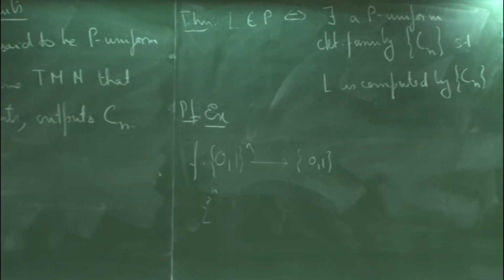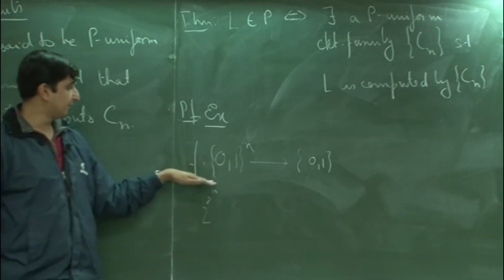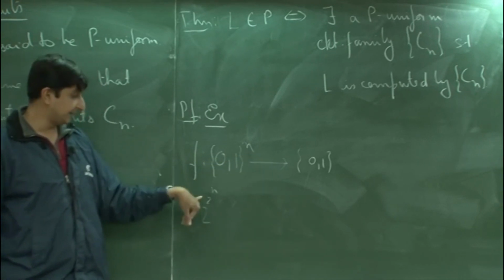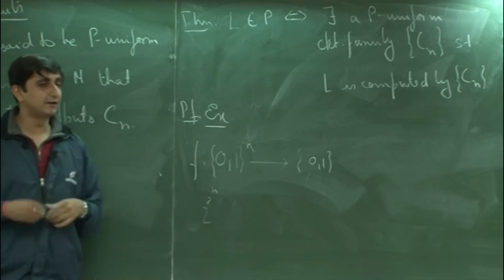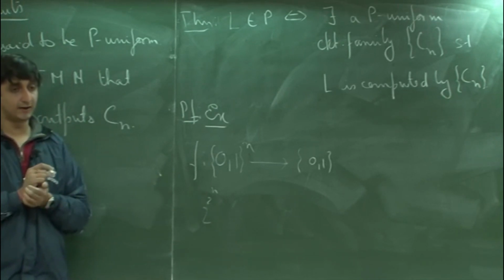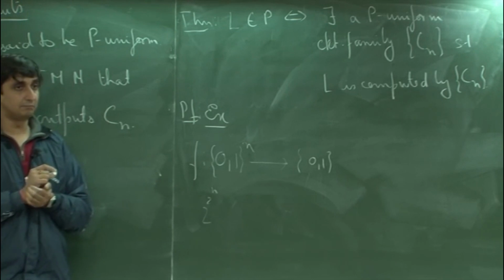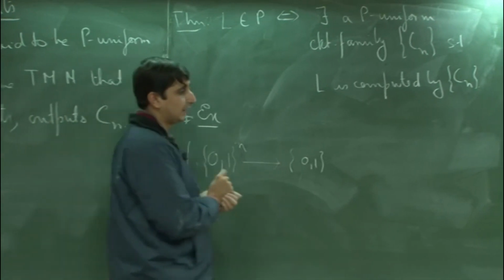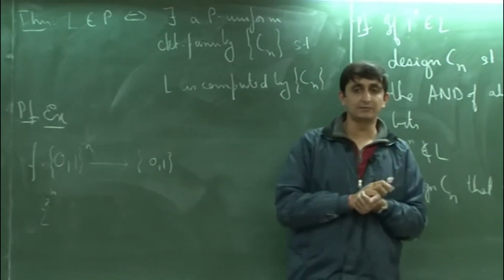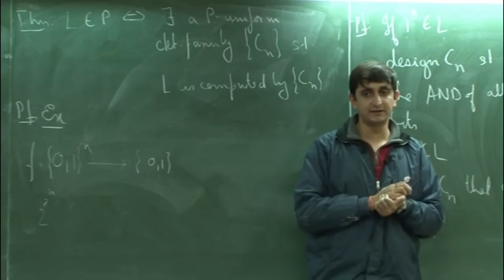But the number of circuits which can compute a function on n variables is definitely not as large as this, but it is larger than 2 to the power n, because you cannot represent a graph using n bits. If you have an n vertex graph, you need more than n bits to represent it.